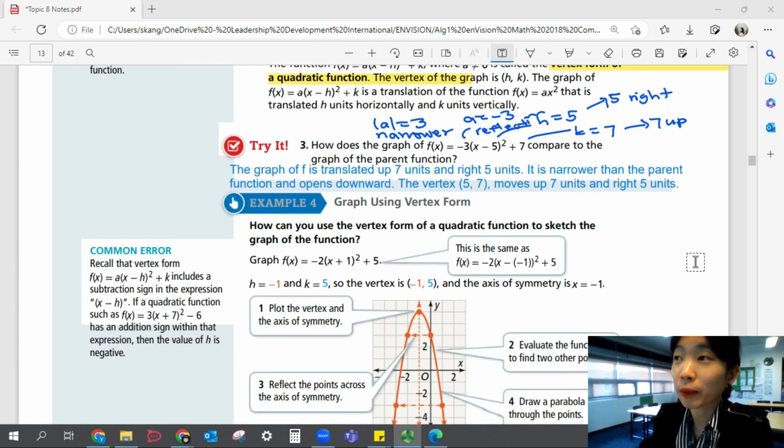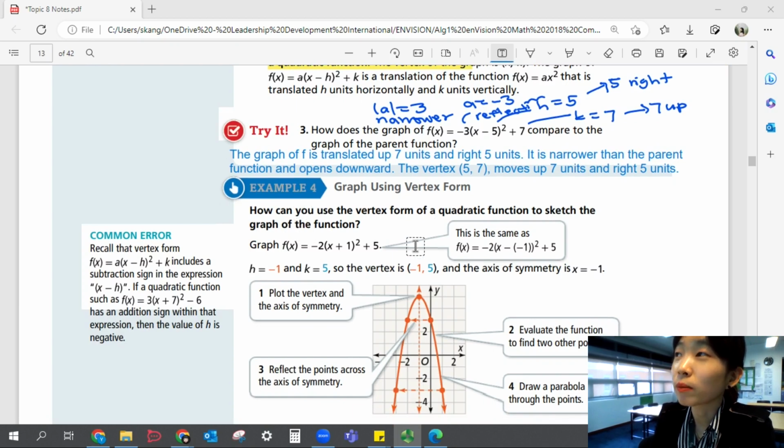Graph using vertex form. So now, let's practice graphing. How can you use the vertex form of a quadratic function to sketch the graph of the function? Yes, you still have to plot the points. But if it is in vertex form, it makes your life easier because you can easily locate the vertex, because your H and K is right there. So then you start with the vertex, right?